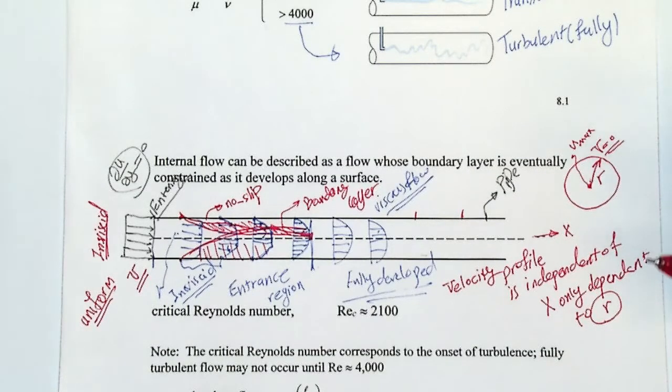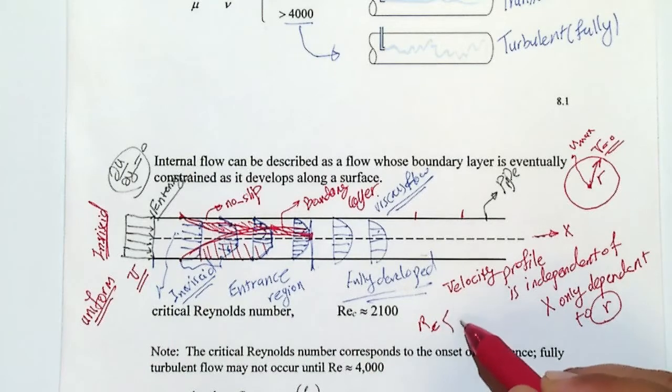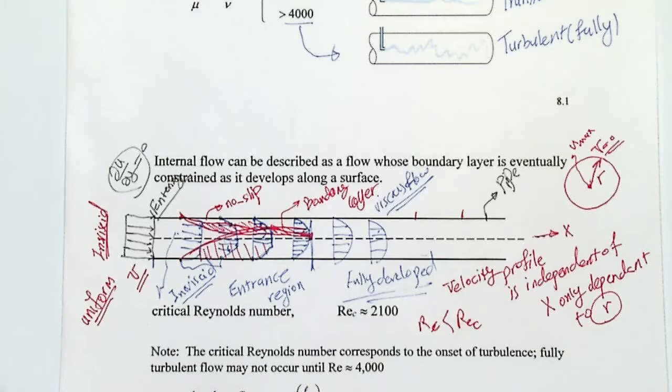But again, we are talking about the critical Reynolds number. If you have a velocity profile that comes in and the Reynolds number is around or less than the critical Reynolds number, then the flow is laminar, and you can say that it's fully developed like this.